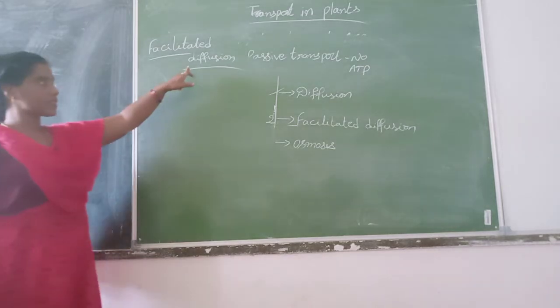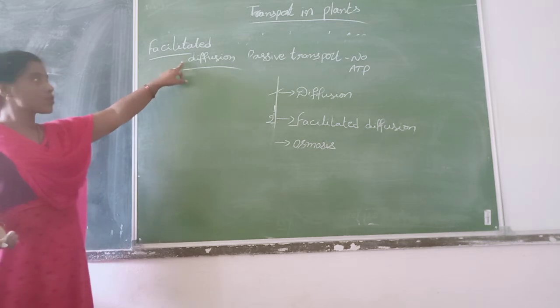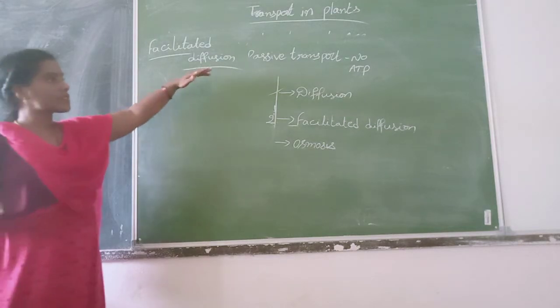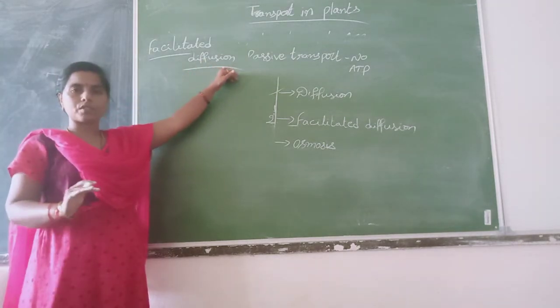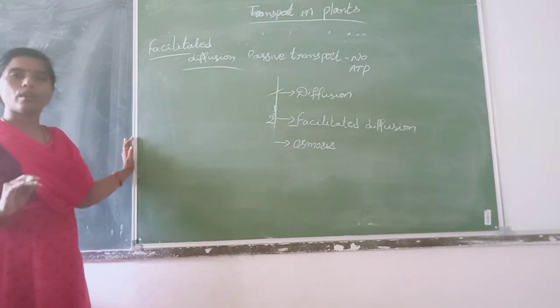Previously, we already discussed diffusion: movement of solute particles from high concentration to low concentration. Here also the same thing happens. Substances will move from high concentration to lower concentration.